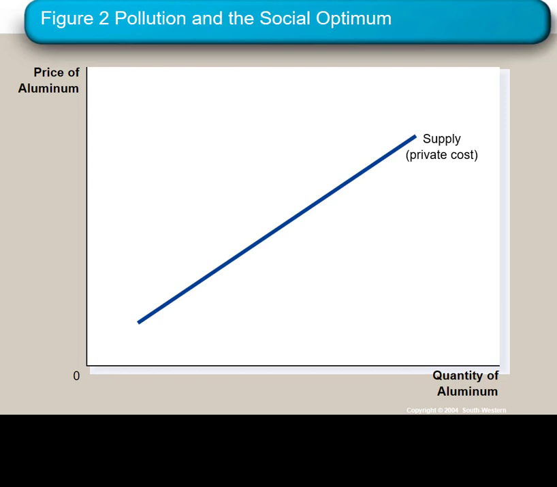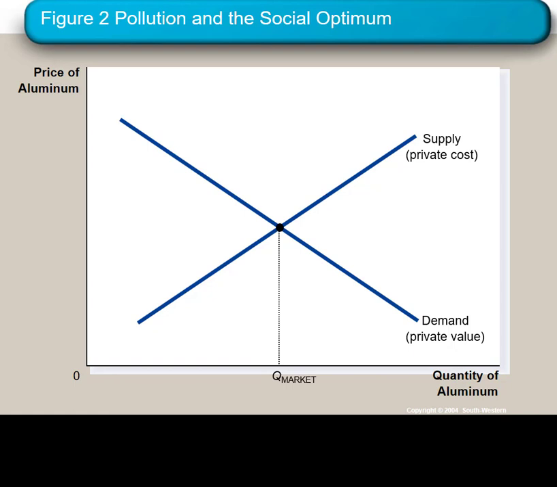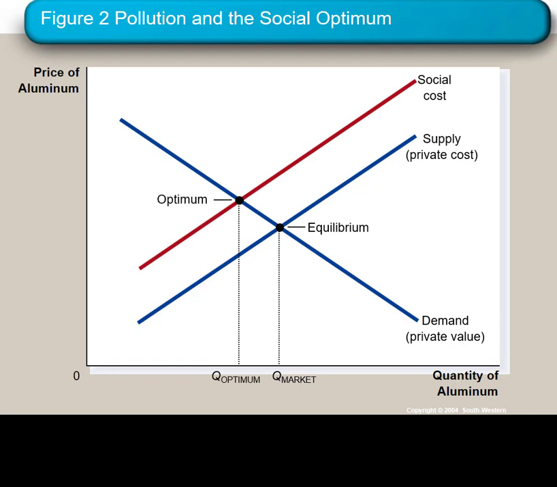So here we have, again, the aluminum producer's costs in the supply curve, and you've got the demand for the people that buy the aluminum products. Now, there's the market equilibrium quantity that balances demand and supply. Now there's this additional cost, which we show by shifting up the cost to include this cost of pollution, which we're calling this external cost.